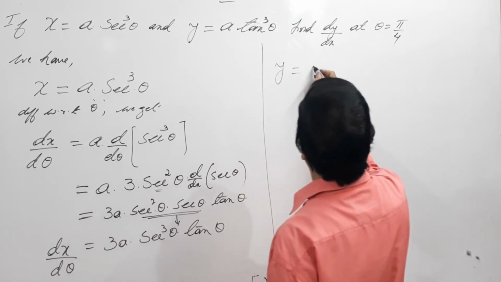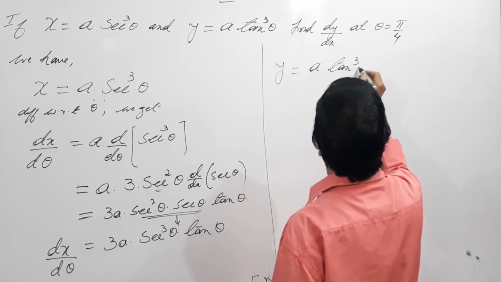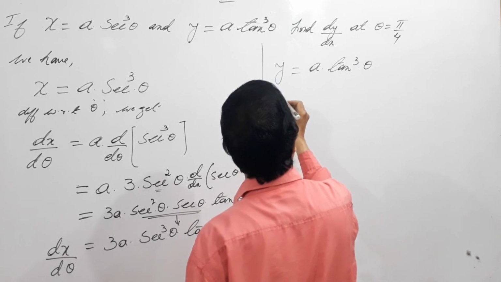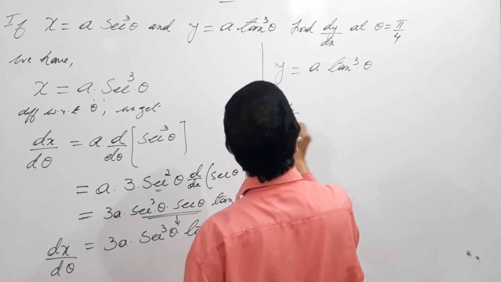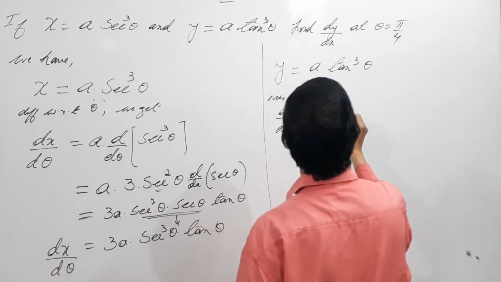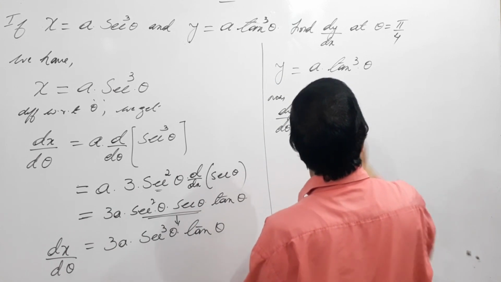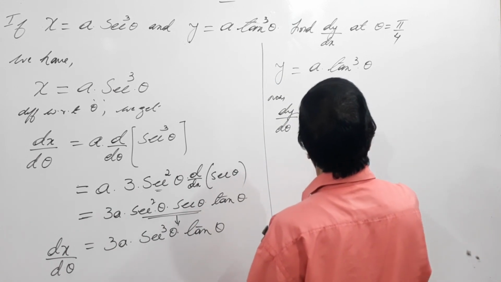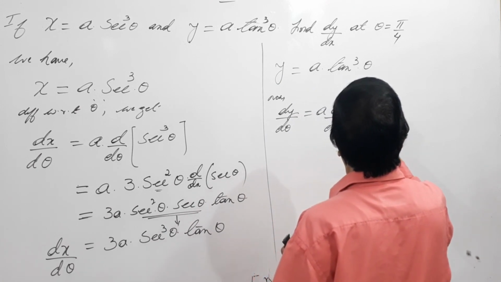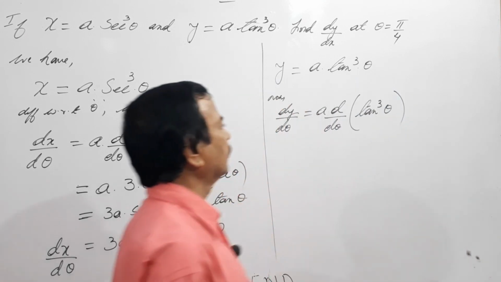Now we are given y equals a into tan cube theta. Now dy by d theta equals, I will take this a outside, dy by d theta of tan cube theta.